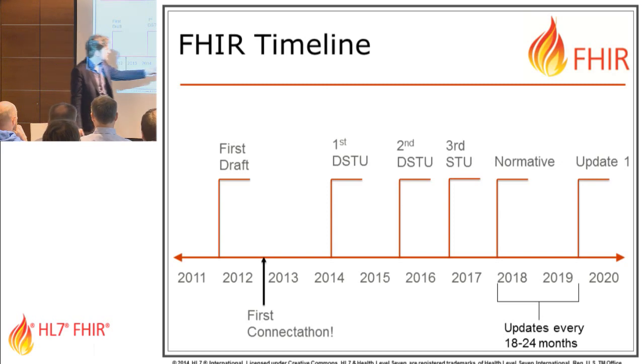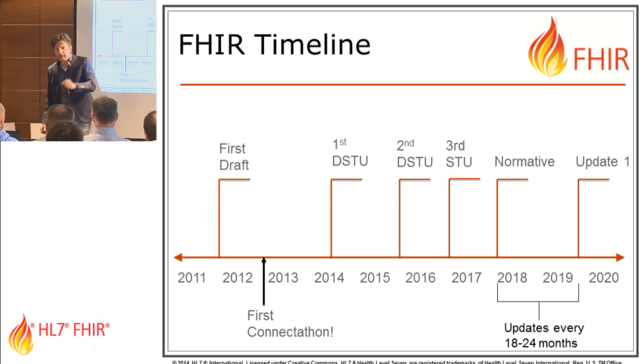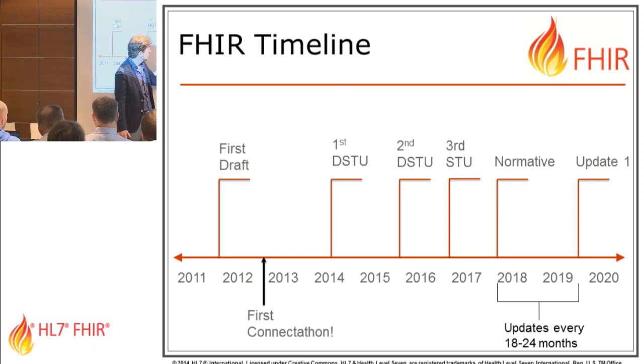In the meantime, between these publication moments, this is not a black box process. We have the published specification, so these fixed ones, they don't change. Currently we are at DSTU2. So if you go to HL7.org/FHIR, you will find the situation of end 2015, the publication moment of DSTU2. But if you go to build.fhir.org, you get our nightly build, which is almost there.